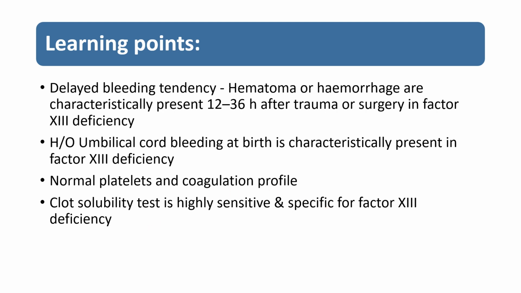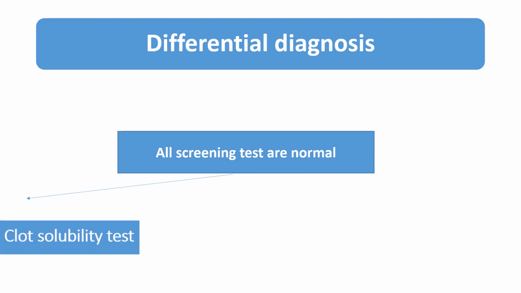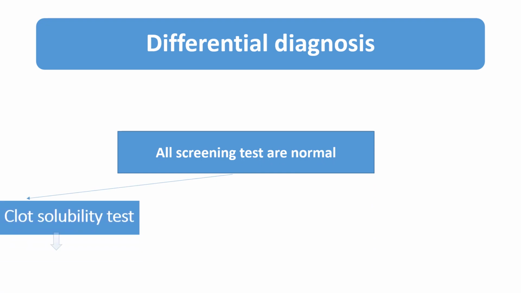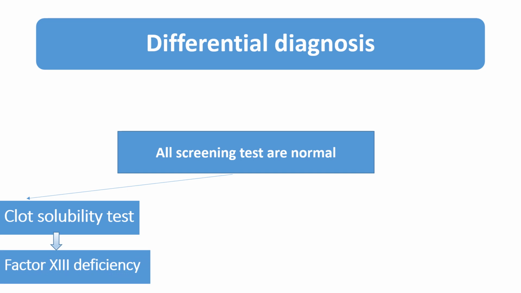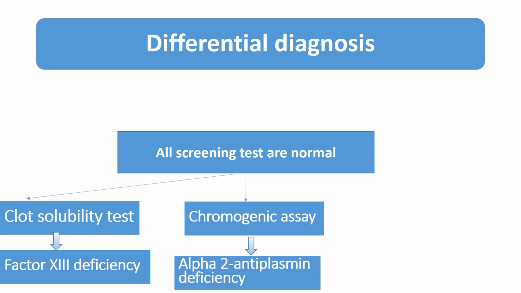Now, what are the differential diagnoses of factor 13 deficiency? When all the investigations are normal, first we have to go for the clot solubility test. If it is positive, then it is factor 13 deficiency. If the clot solubility test is also normal, then we can go for a chromogenic assay.